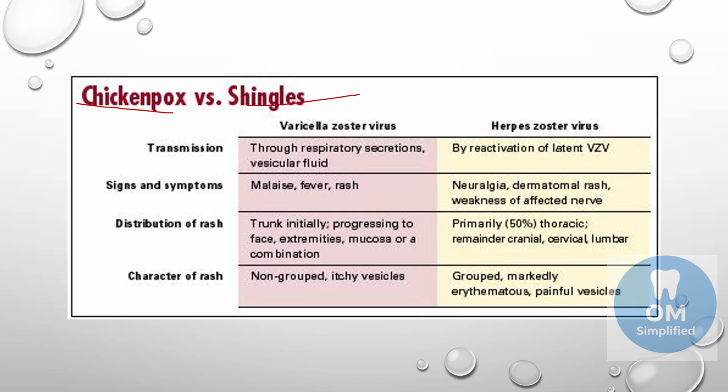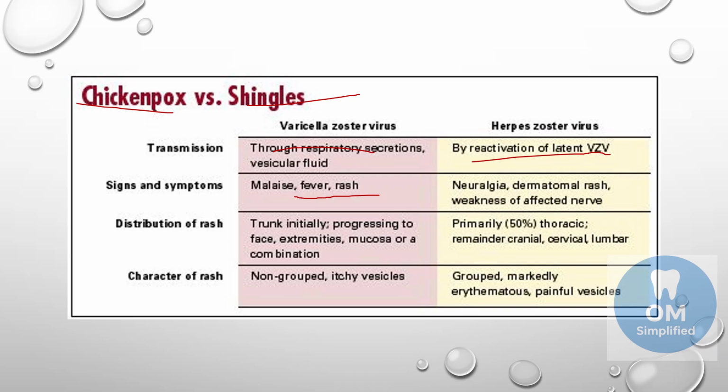Chickenpox, or varicella zoster virus, is transmitted through respiratory secretions or vesicular fluids, and the herpes zoster virus or shingles is by reactivation of the latent varicella zoster virus. The signs and symptoms of chickenpox are malaise, fever, and rash, whereas for shingles it is neuralgia, dermatomal rashes, and weakness of the affected nerve.